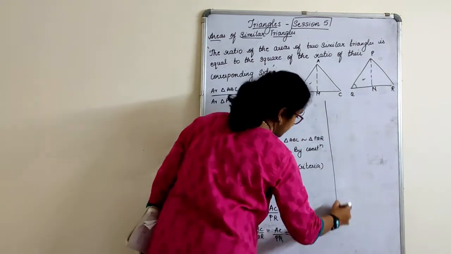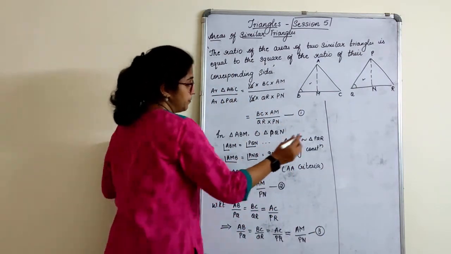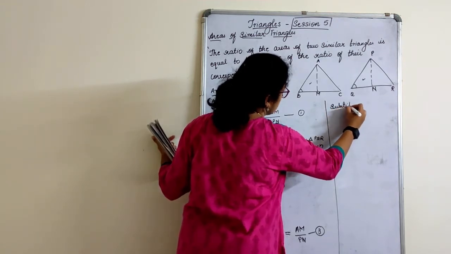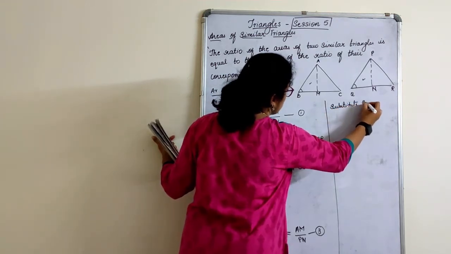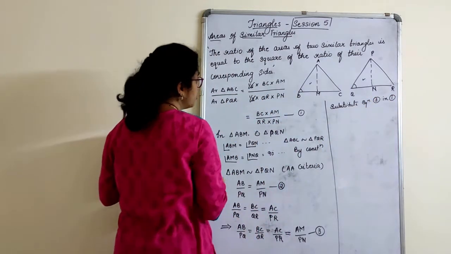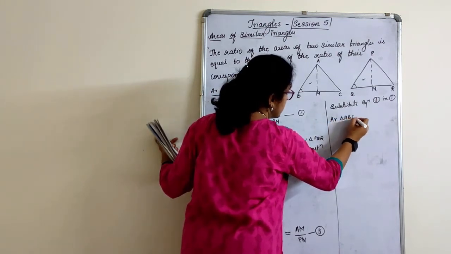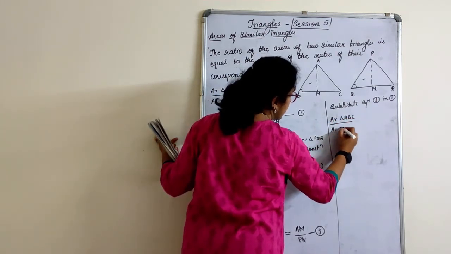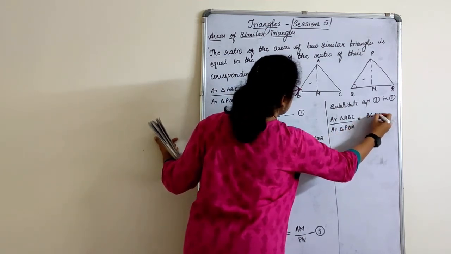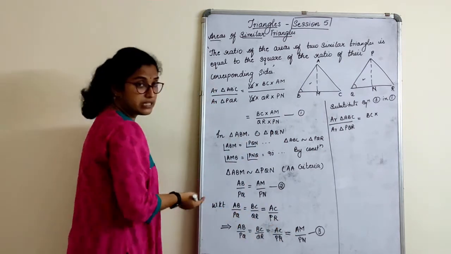Now the last step. Substitute equation 3 in equation 1. What was equation 1? Area of triangle ABC to area of triangle PQR is equal to BC into, instead of AM, can I choose any of the sides here?